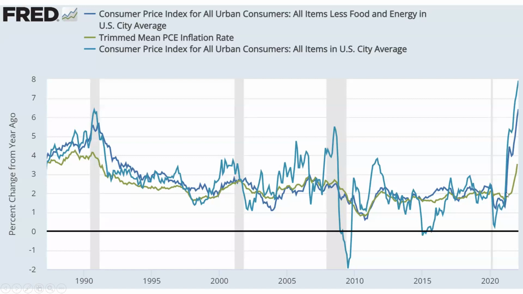Well, you see in the last two months that even the trimmed mean PCE has spiked up. So even one of his looser measures of inflation is starting to spike, and that's causing them concern. That's also why they're starting to get aggressive on hiking. And of course, the core and headline CPI have gone pretty high, almost at 8% on headline CPI.